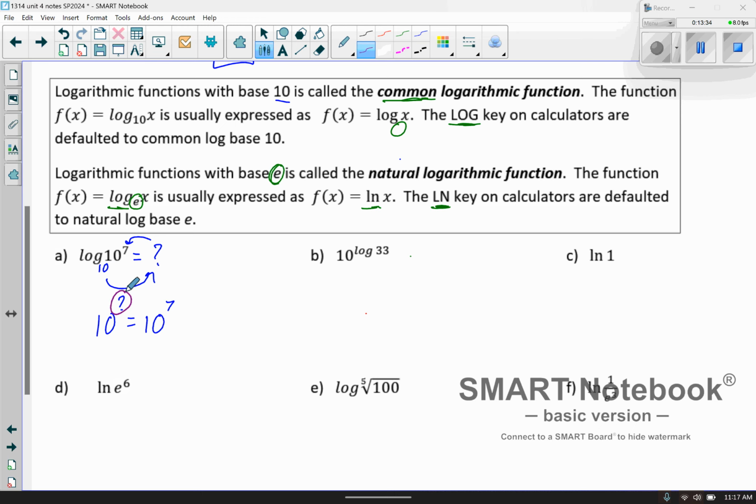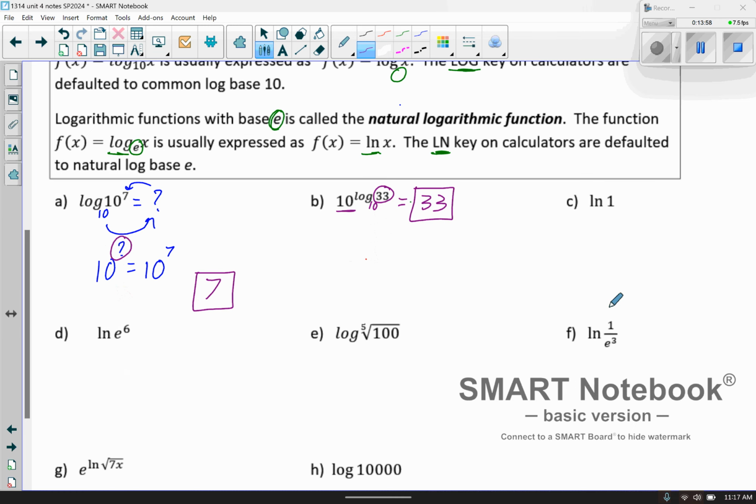Well, that would mean that my unknown exponent would have to be 7. Okay, here's the rule that I don't think too much about right here. If you have a base raised to a log of the same base, then it just simplifies into what the logarithm is evaluating. So this is just going to be 33 right there.